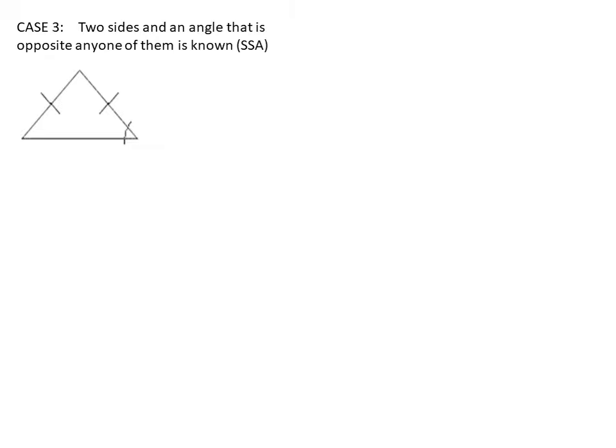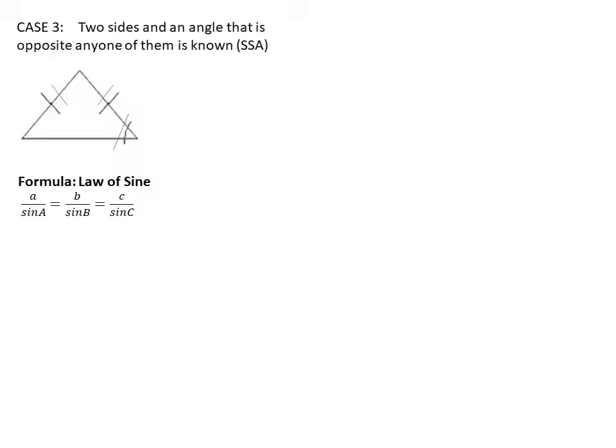And then we also have the case 3, another situation wherein 2 sides and an angle that is opposite any one of them is known as SSA, meaning side, side, angle. Side, another side, and then angle.